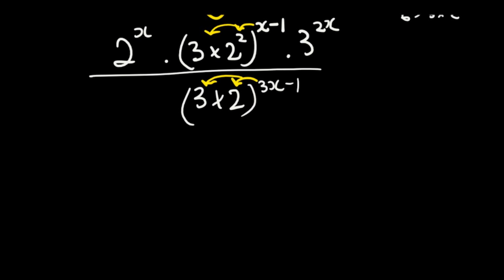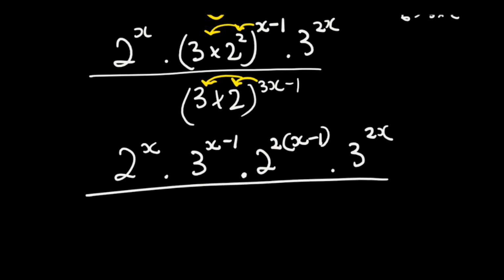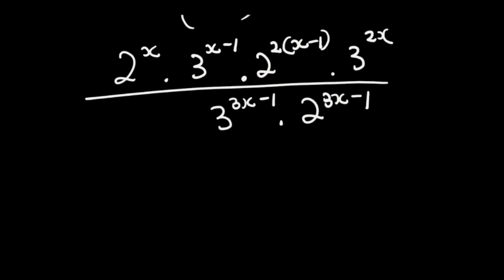So you're going to have 2 to the power of x multiplied by 3 to the power of x minus 1 multiplied by 2 to the power of 2 times x minus 1, multiplied by 3 to the power of 2x divided by 3 to the power of 3x minus 1 multiplied by 2 to the power of 3x minus 1, right? And then from here, what we will do is multiply these 2 inside.